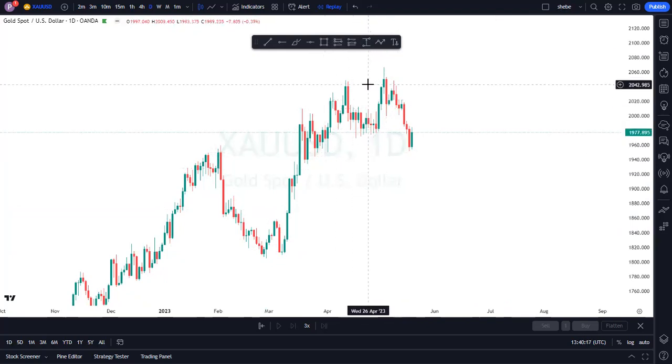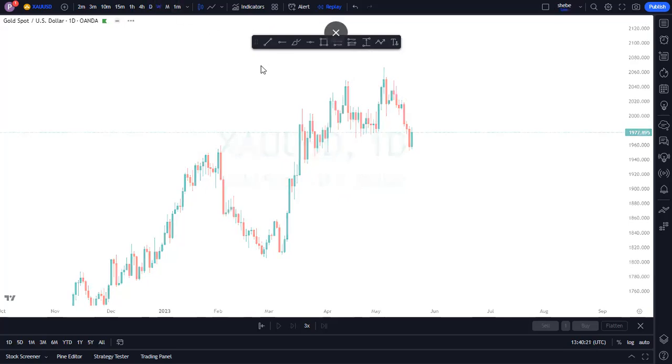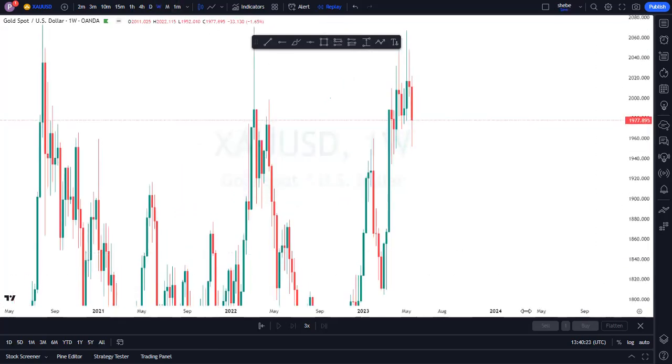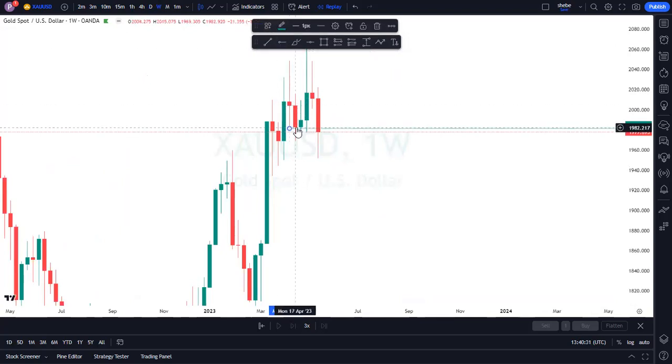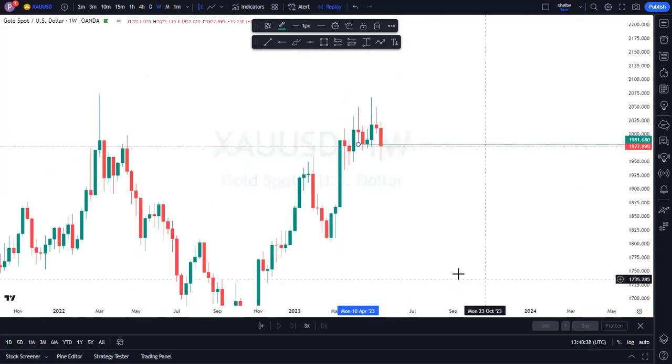But this daily break of structure was not full enough, because if you also go to the weekly structure, you see that last week's candle closed bearish around here. It closed bearish by breaking the weekly structure. It means that for a couple of weeks, the weekly was just making an impulsive move.